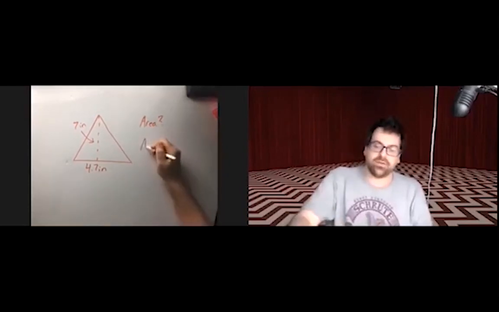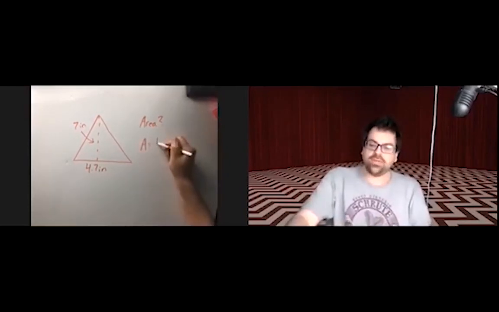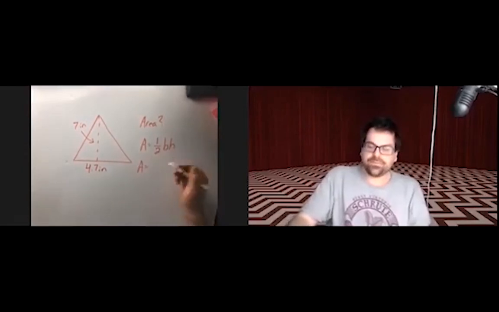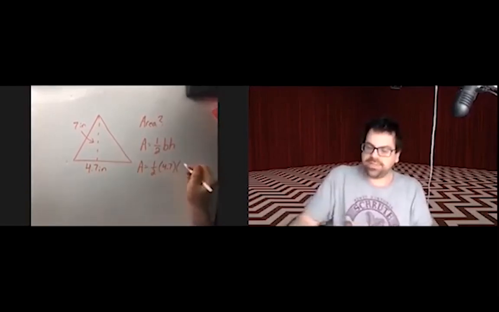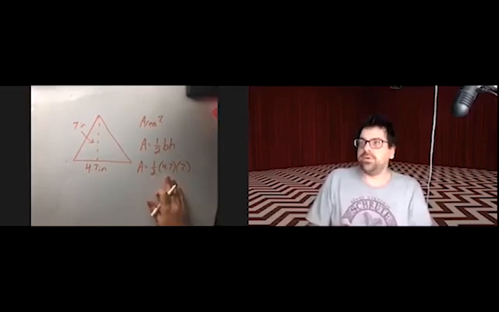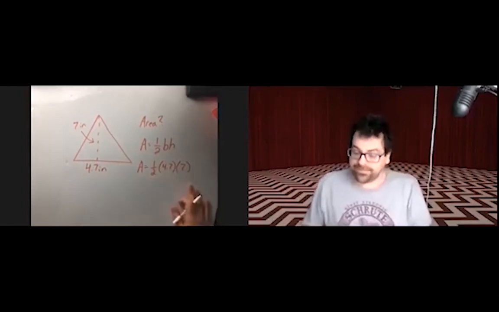And the area of a triangle is 1/2 base times height, 1/2 times 4.7 times 7. Notice now we have fraction, we have decimal, we're multiplying.